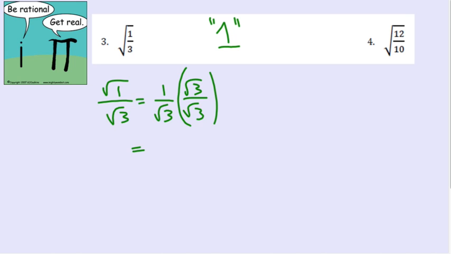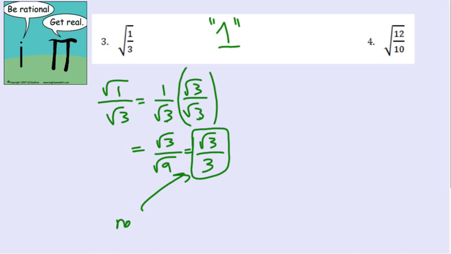Here's what that does. 1 times square root of 3 is square root of 3 on top. Square root of 3 times square root of 3 on the bottom is square root of 9. So that's square root of 3 over 3. There's my answer. Notice, no radical in the denominator. That's what I want. That's what it's got to look like.